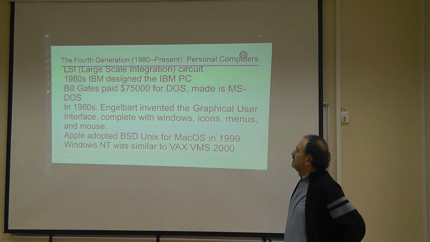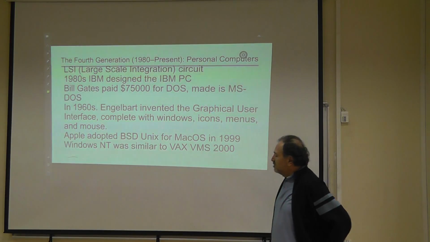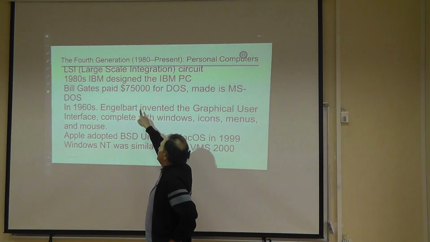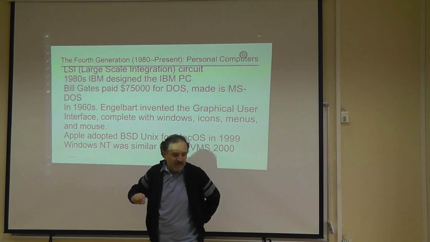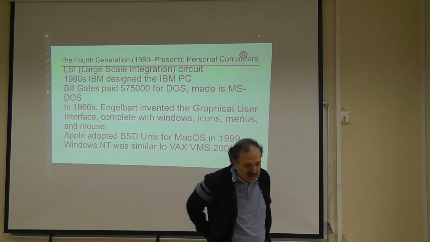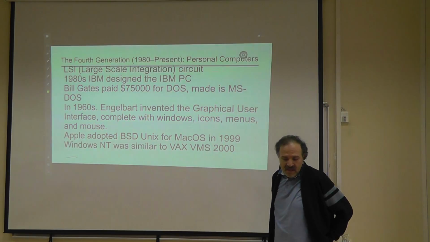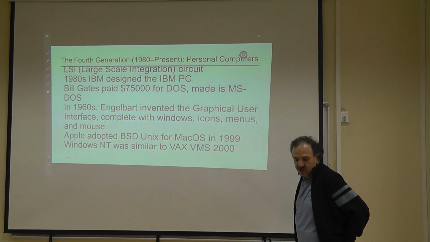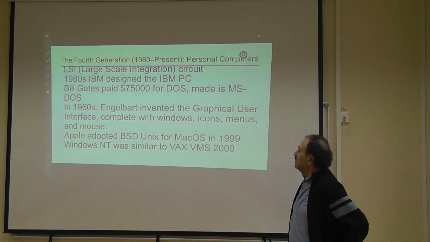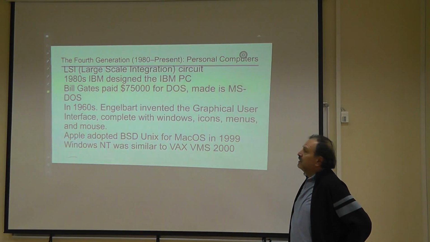I mean, this much money, this much investment, $75,000 of investment for the disk operating system. It made him the richest person in the world right now, right? I guess he's the richest person of the history.